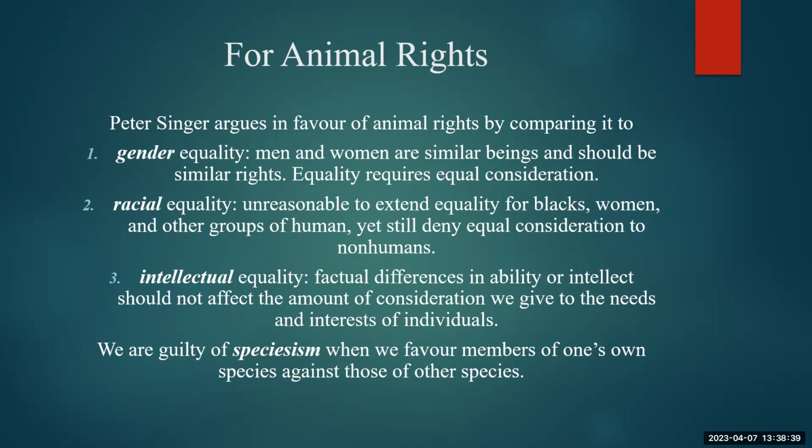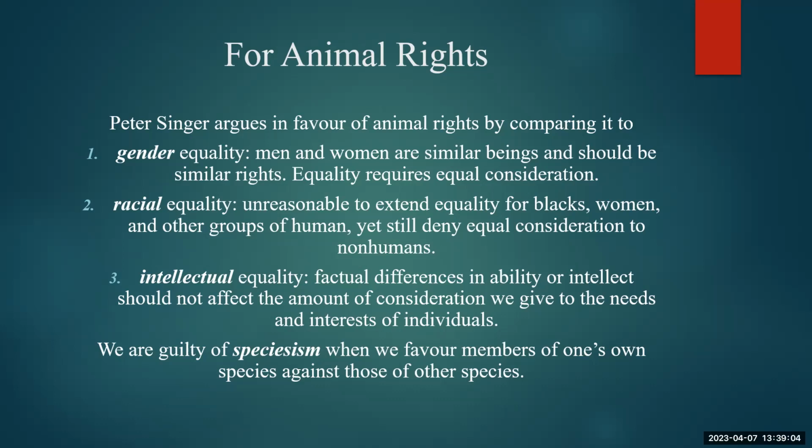Because for all the reasons that he presents in the slides, he says, if we don't, then we're guilty of speciesism, right? And that's when we favor a member of our own species over against others. So we favor us versus animals. We use animals, we abuse animals, we harness animals, we test products on animals, we kill them and eat them, and so on.